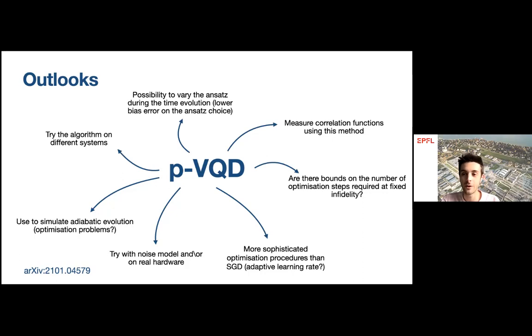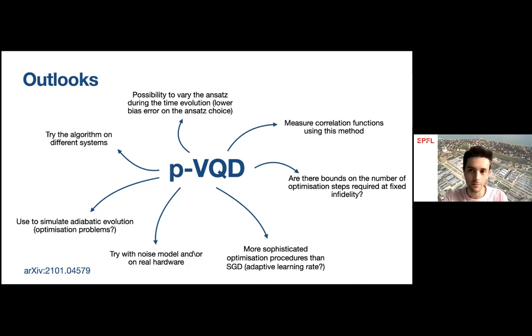And the freedom of these iterative methods is that we can use more sophisticated optimization procedures. So we used standard gradient descent, which is very, very simple, but we can use adaptive learning rates, ADAM, ADAGRAD.